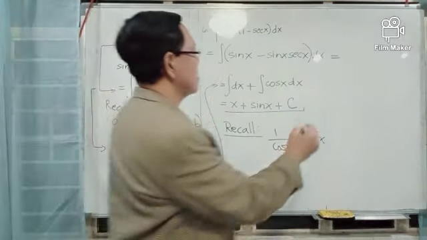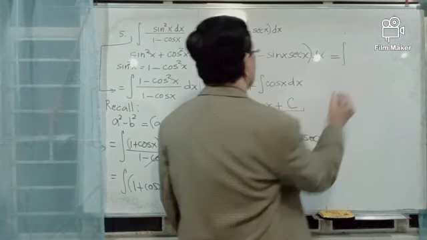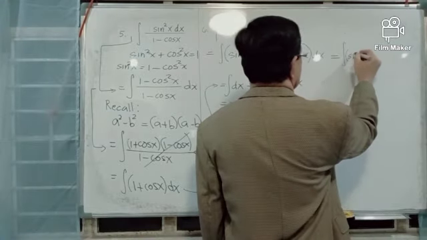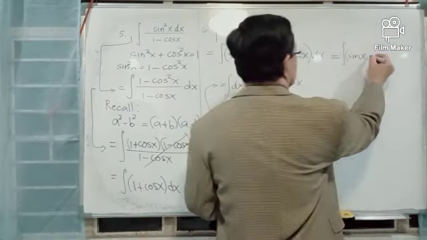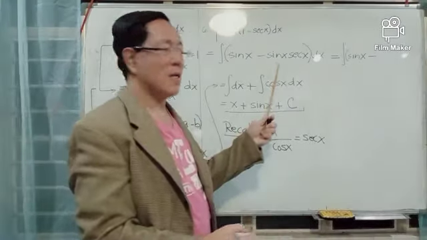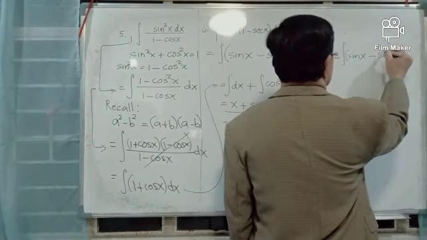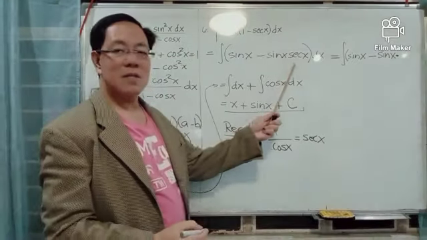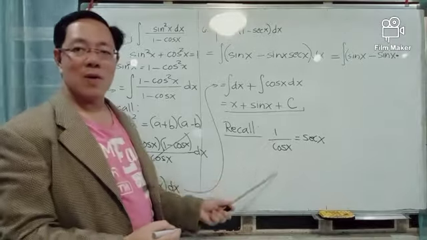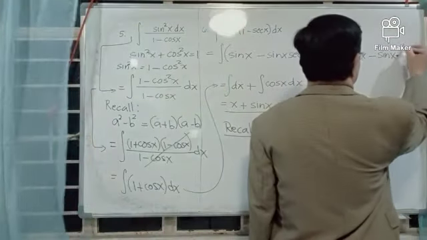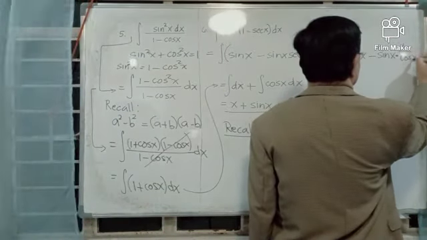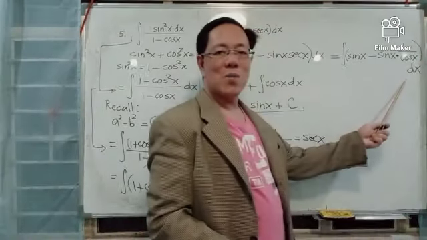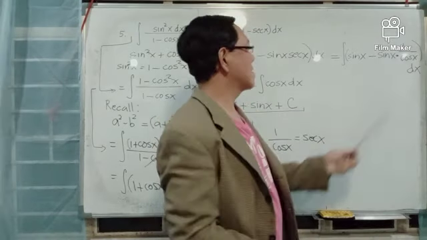We have the integral of sine x, minus sine x multiplied by secant x, which is equal to 1 over cosine x, and we integrate with respect to x.